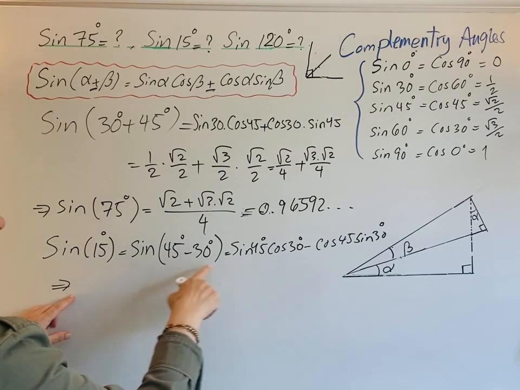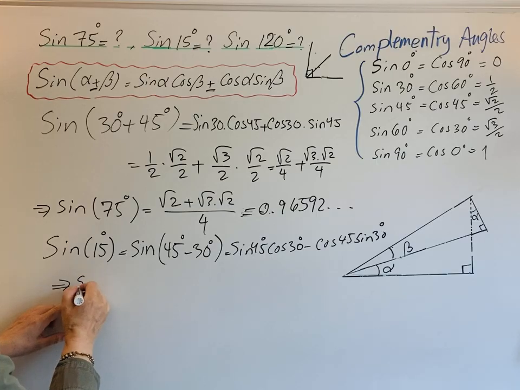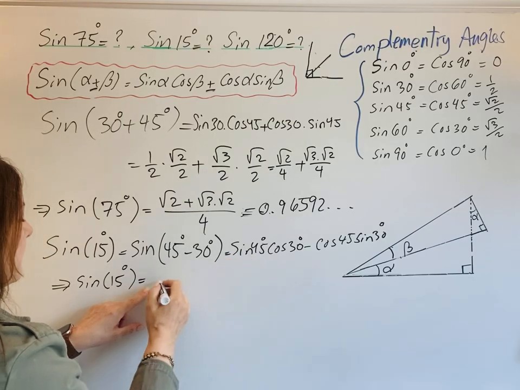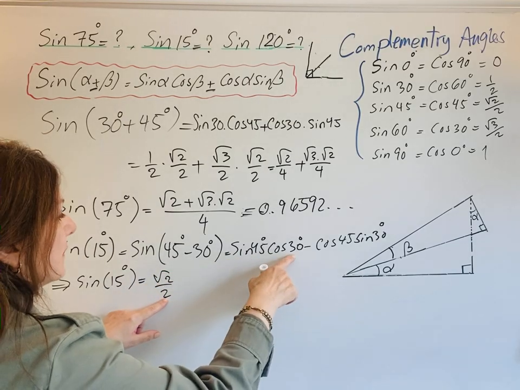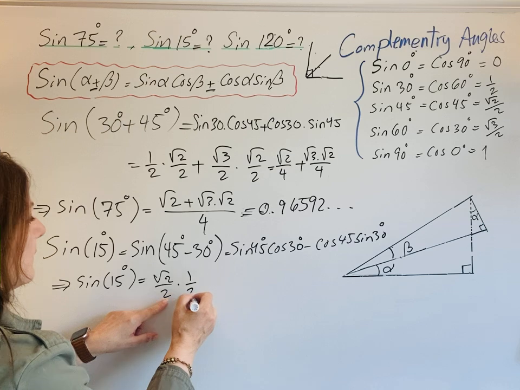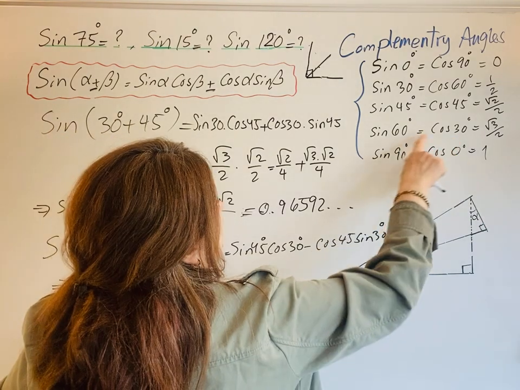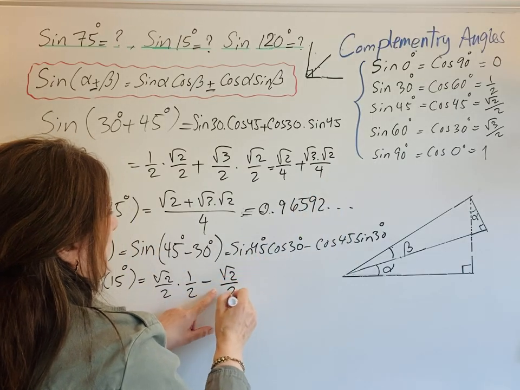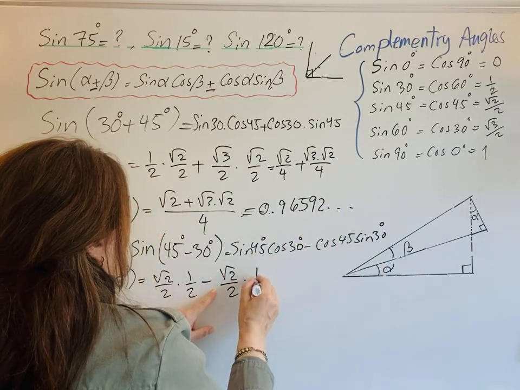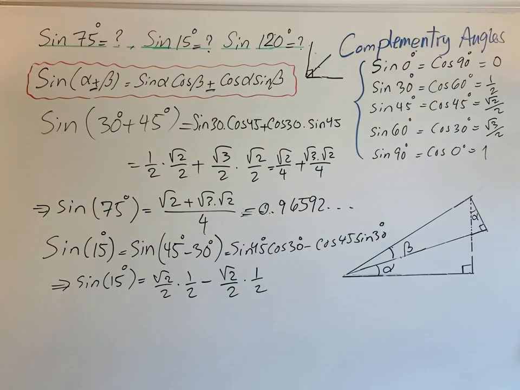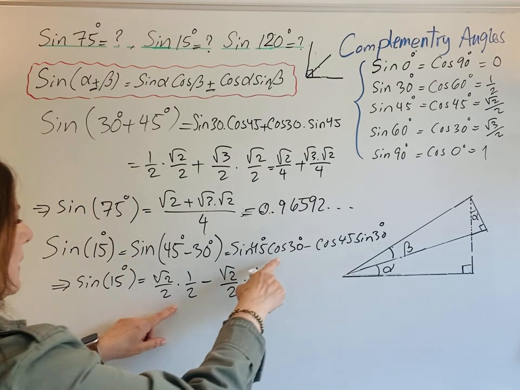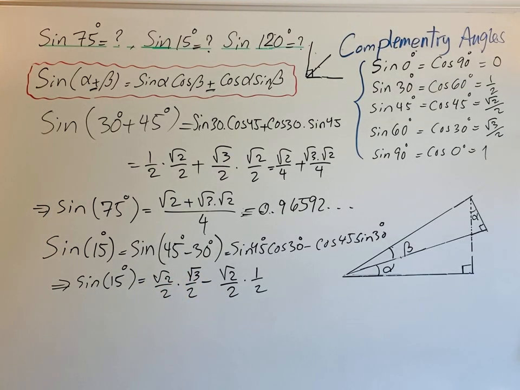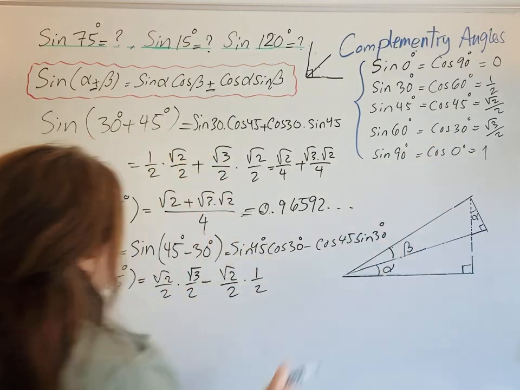Equals to: sine of 15 degrees is equal to sine of 45, radical 2 over 2, cosine 30 is half, right? Cosine 30 is half, minus cosine of 45, sine of 30. Sine of 30 is half. Yes? Sine of 30 is, sorry, radical 3 over 2. Cosine of 30 is radical 3 over 2, okay, good.